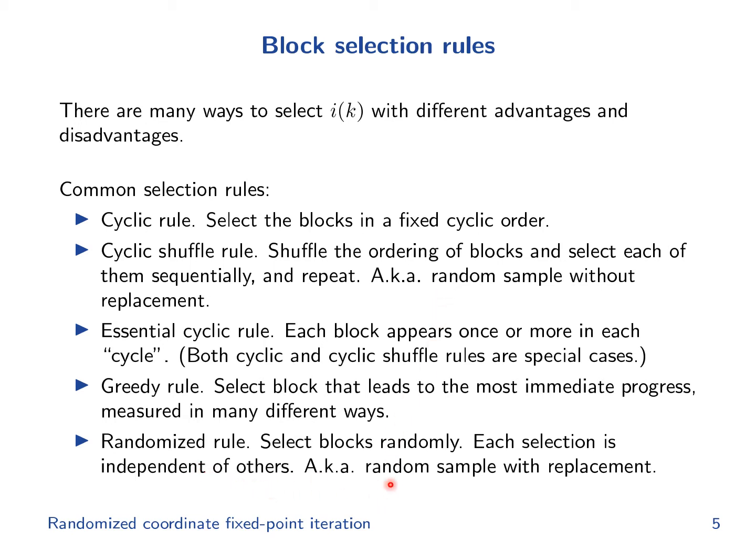In the randomized rule, the random sampling is done with replacement, which means if a block is just selected, it is put back and it may be selected at the same distribution in the next selection. So all the selections are independent of one another.